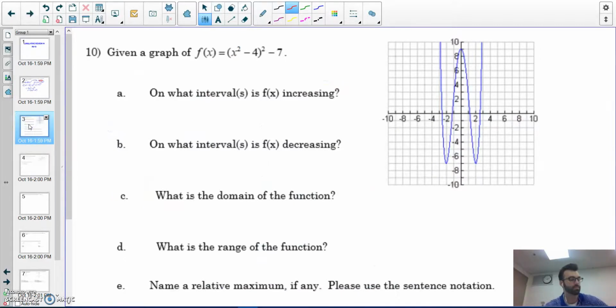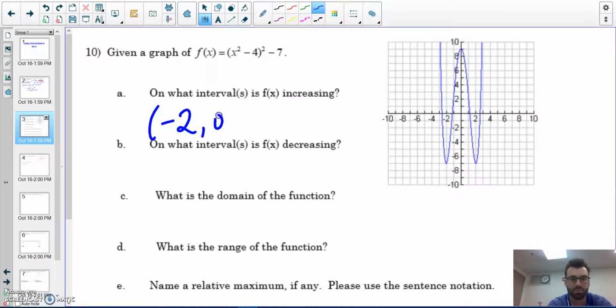Next, number 10. Big question. Here we go. On what intervals is our function increasing? All right, remember, our function is increasing when our function is rising. So right here, I have a negative slope, so my function is falling. That's a decrease. It's increasing from this point to that point. Remember, when we do increasing and decreasing, our intervals use our x values.